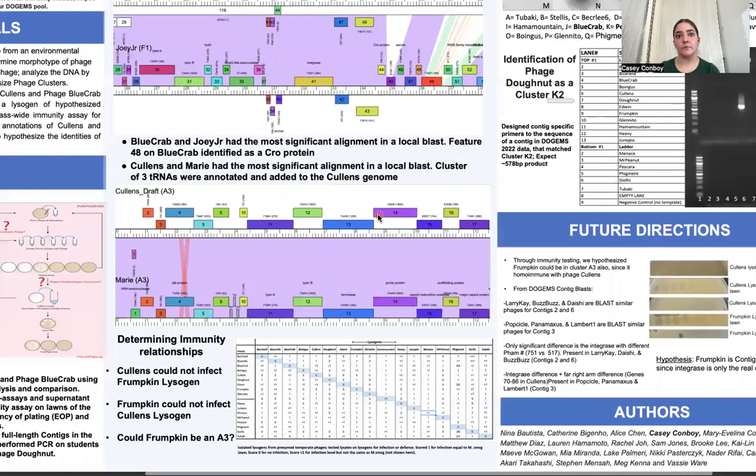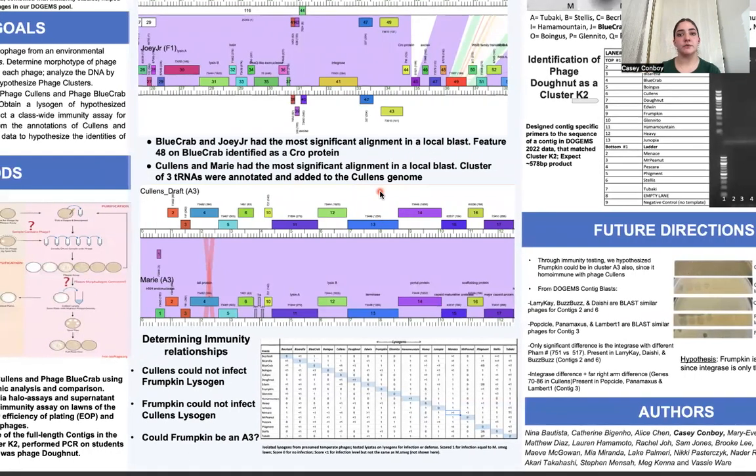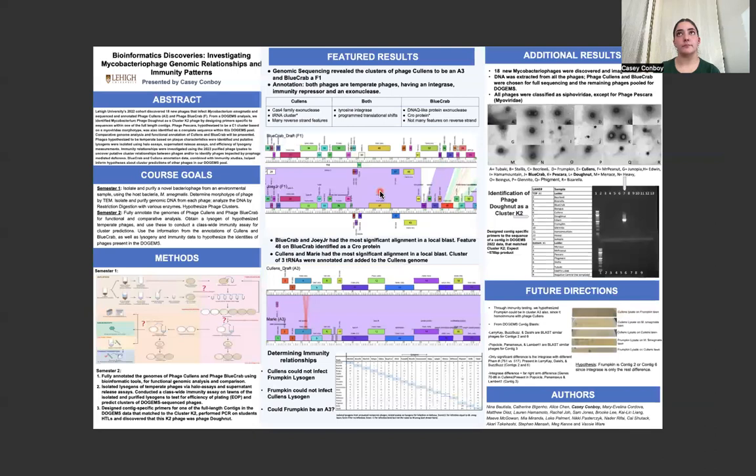Another part, while we were doing all this annotation, we worked to isolate or make lysogens from as many temperate phages as we could. And the way we did this was we isolated lysogens from purified bacterial colonies formed from a putative temperate phage, which we then tested with their abilities to form halos.